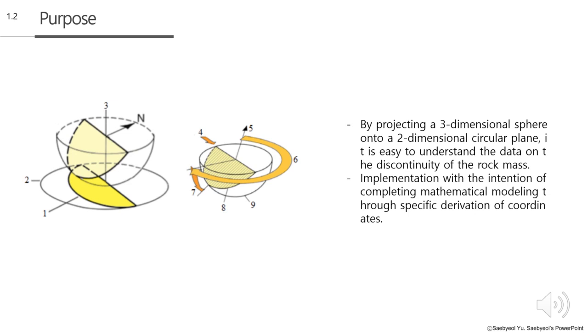It projects a three-dimensional sphere onto a two-dimensional plane, simplifying complex geometry and enabling easy visualization of structural properties by deriving precise coordinates. This approach helps in analyzing geological structure. Let's explore further in the next slide.